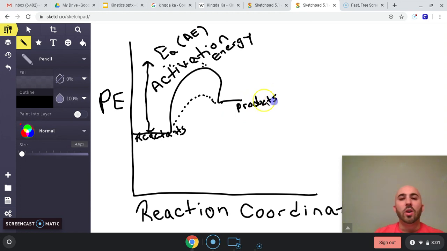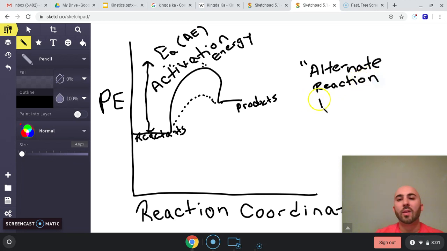And so normally this is how it would work. But here we've got this dotted line. This dotted line is what we call an alternate reaction pathway. I'll put it in quotes for you. Alternate reaction pathway.